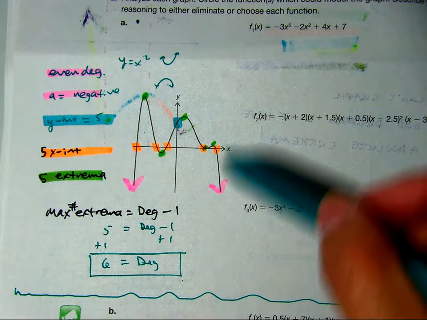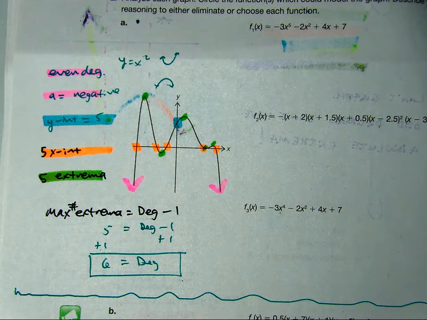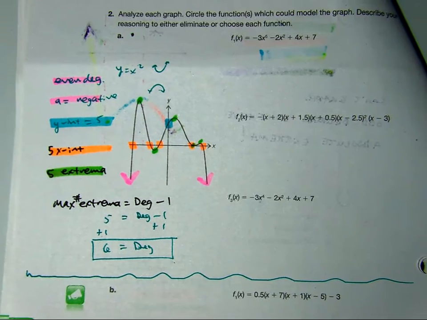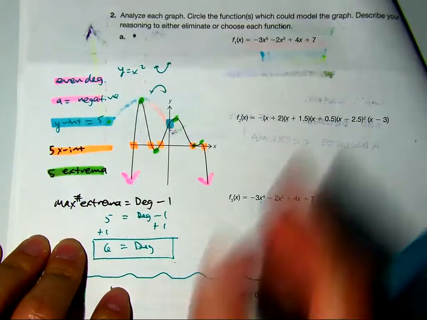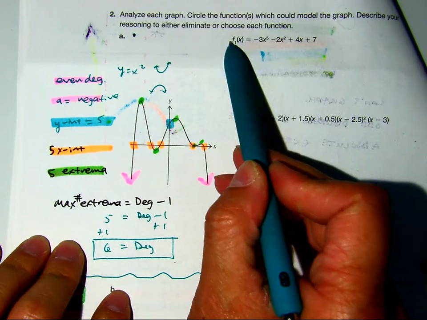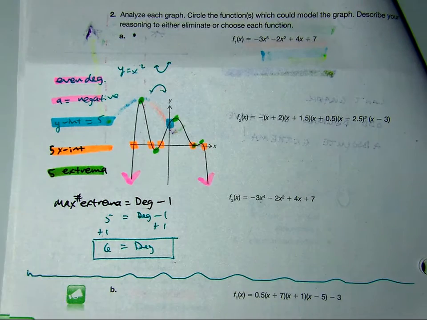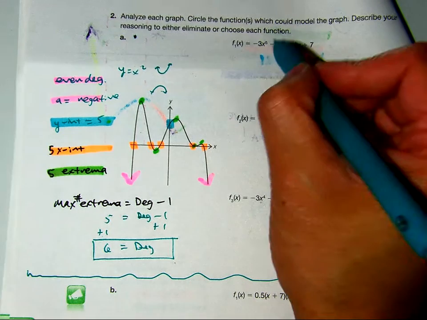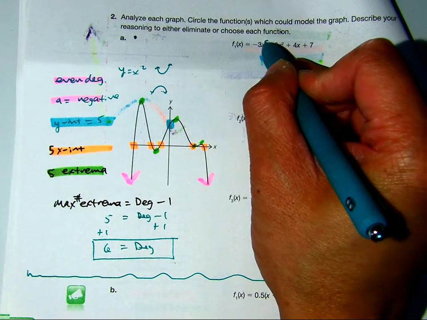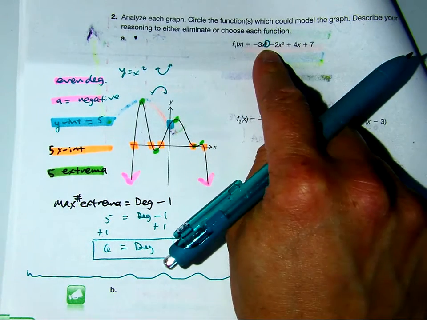And now I can either accept or reject these problems. So let's look at this. On function 1, that's why it says f of 1, put your finger at the largest degree. It's a 5. Is that even or odd?